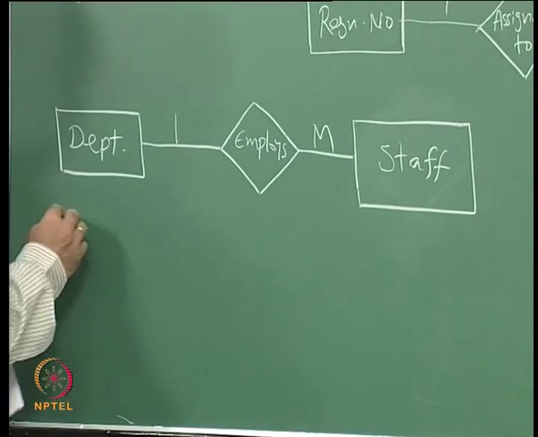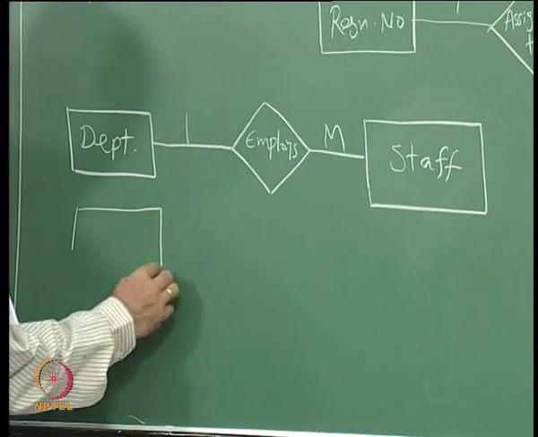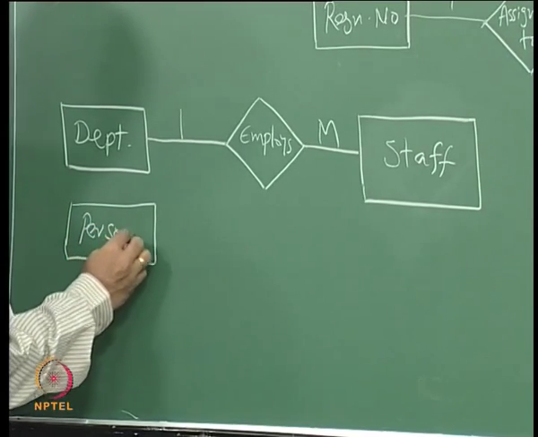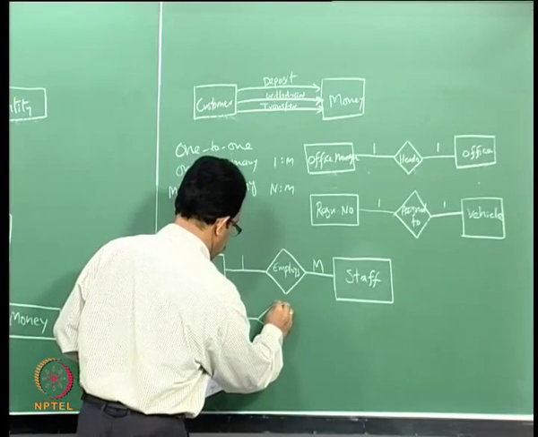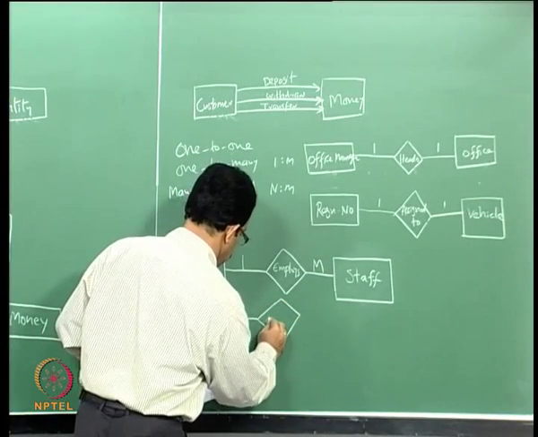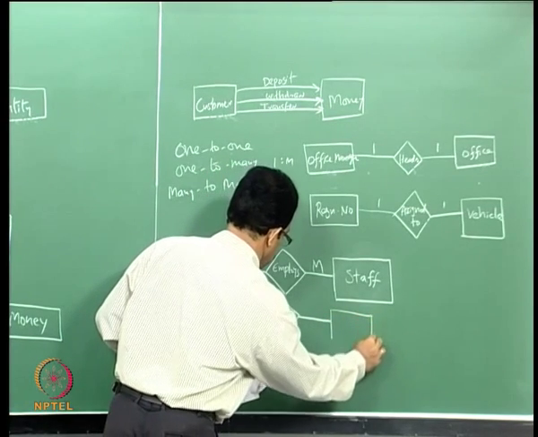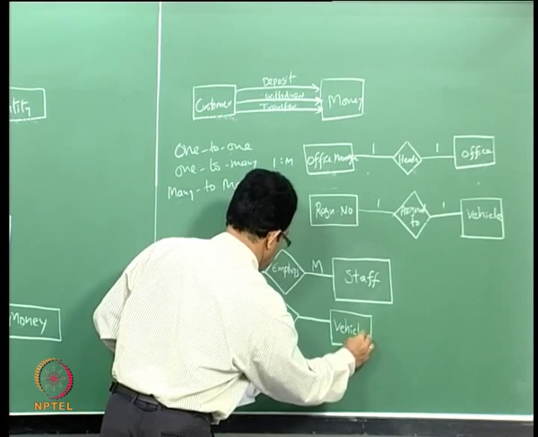Similarly, you can have one person. So, you can have a person owns vehicles.